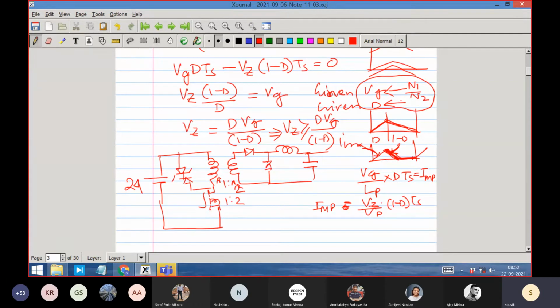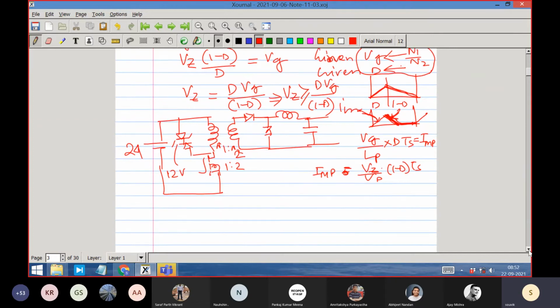Let us say I have put a 12 volt Zener. This Zener voltage is 12 volt, right? So I want to know what will be the constraint on the duty ratio. I have understood that Vz has to be greater than or equal to d by 1 minus d times Vg. So 12 volt has to be greater than or equal to d by 1 minus d times 24.